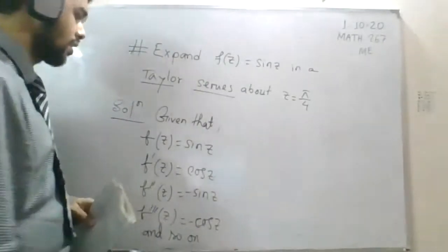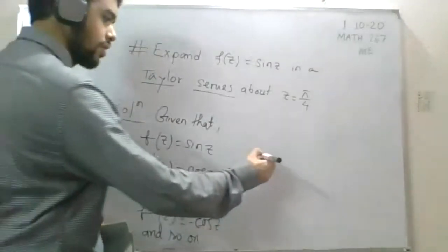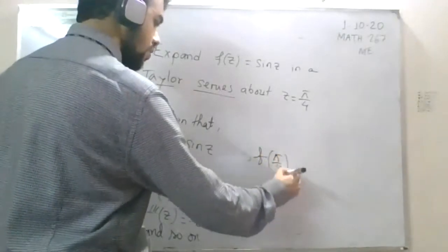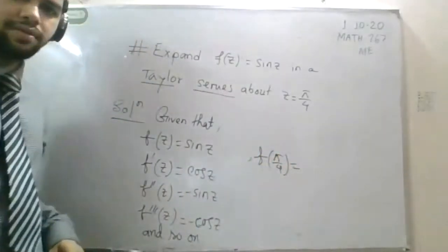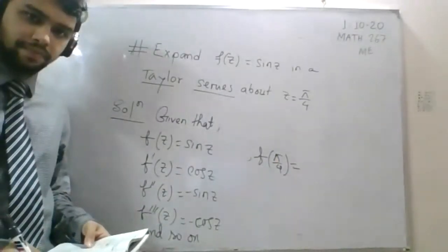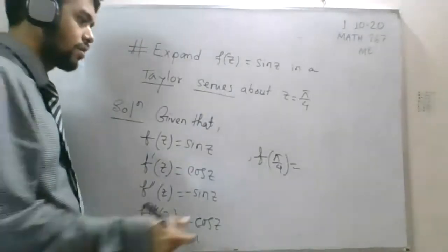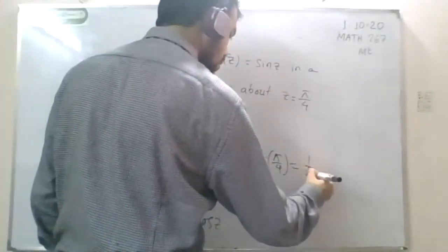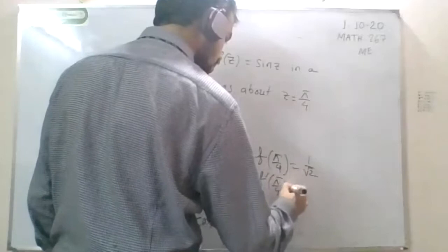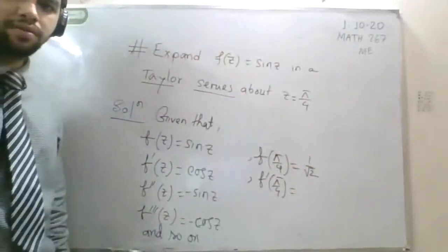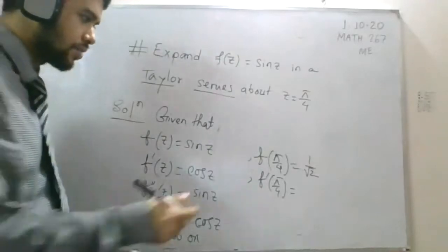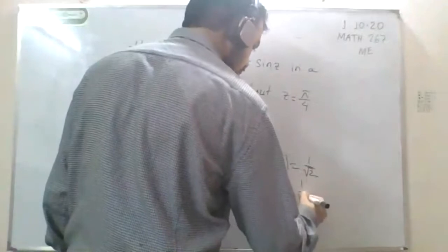Now tell me, what is the value of f of pi by 4? This is 1 by root 2. And then f prime pi by 4 is the same, 1 by root 2.